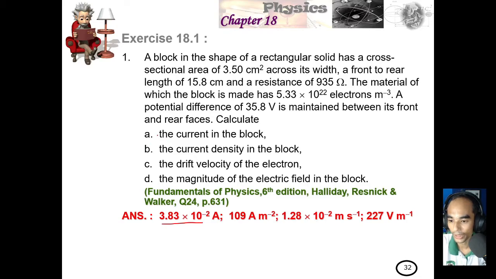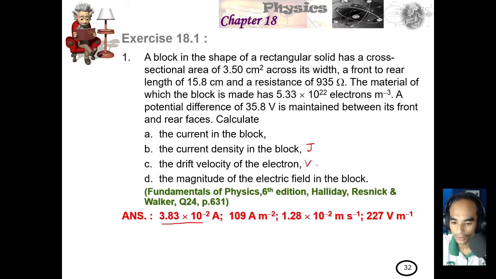For A, for instance, the current in the block is 0.83 times 10 power negative 2 ampere. The current density in the block, that is J here, is 109 ampere per meter squared.